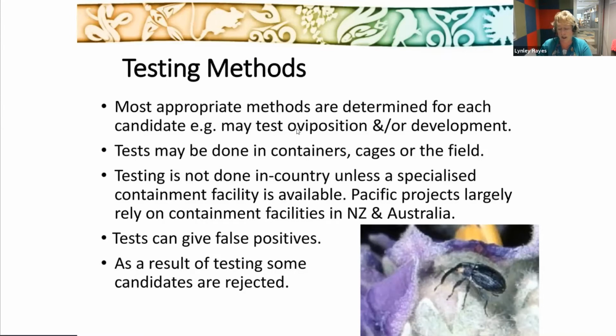This picture here is an example of one that we tried to bring in for woolly nightshade. Some of you have that plant in the Pacific. It goes by a range of names. The Latin name is Solanum mauritianum. It's a poisonous small tree. We spent quite a lot of work on this weevil to attack the flowers, but it was going to attack one of our native Solanum plants called Poro.